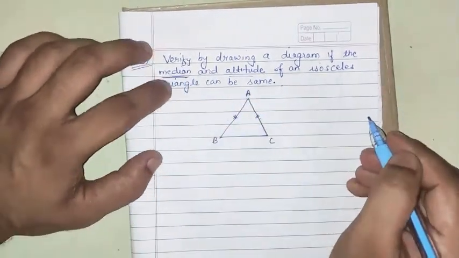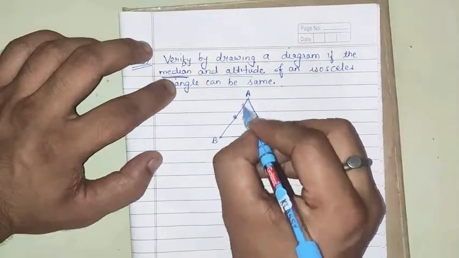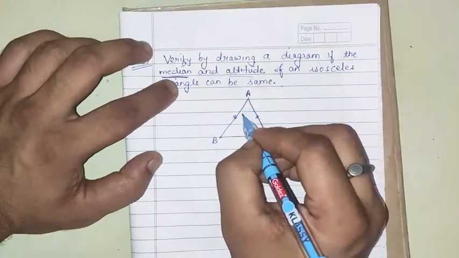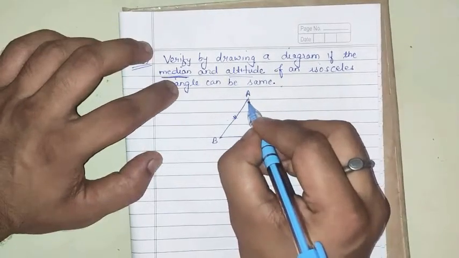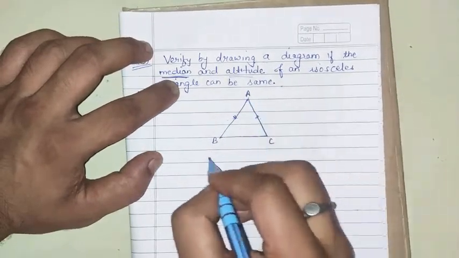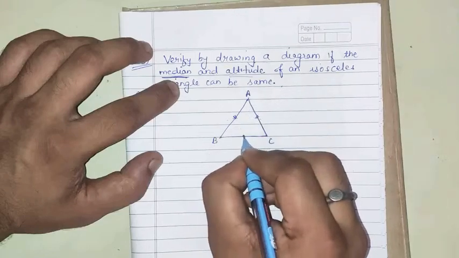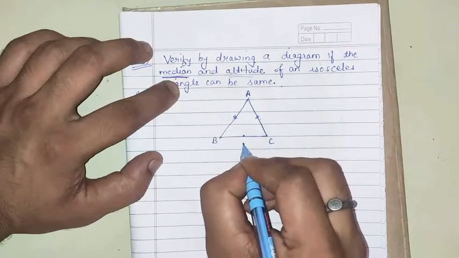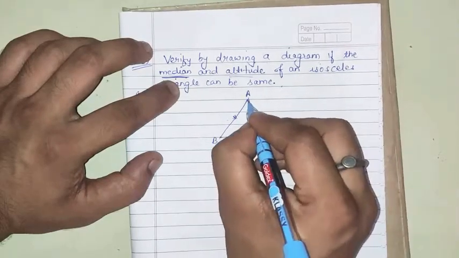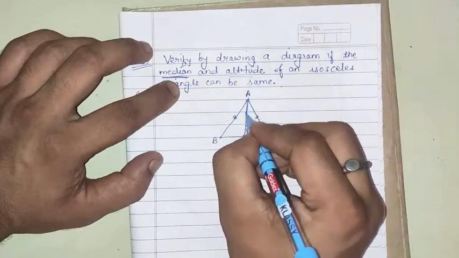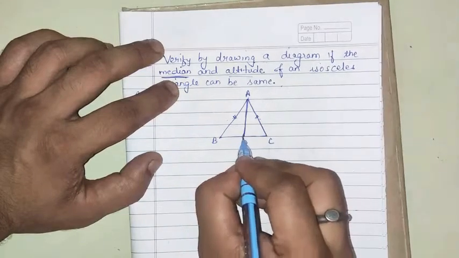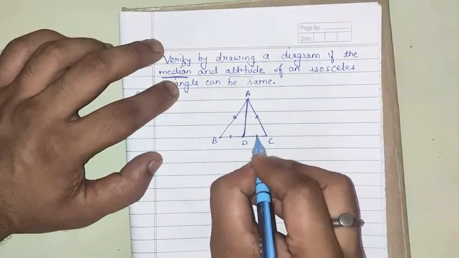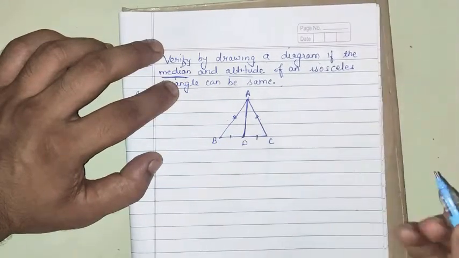We have to make the median. Name the triangle ABC. The definition of a median is a line segment from a vertex to the midpoint of its opposite side. So we can take the midpoint as D. AD is the median. The midpoint divides the side into equal parts, BD and DC.